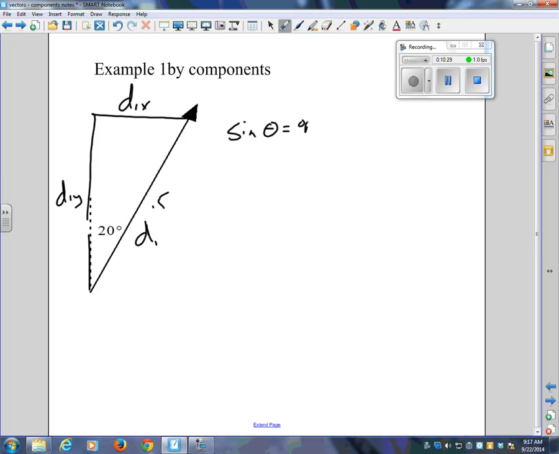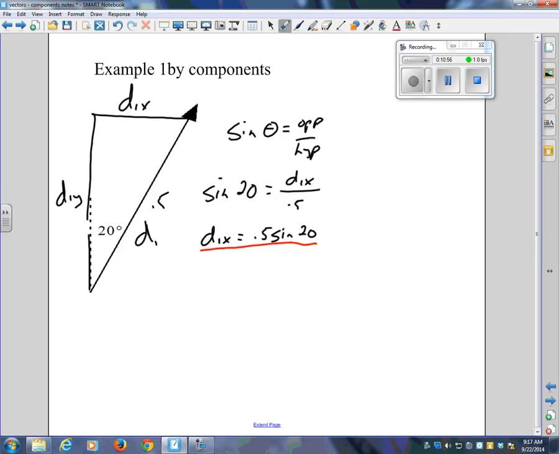So let's just write it out in full. If you want to skip this step, be my guest. Sine theta equals opposite over hypotenuse. So in this case here, sine of 20 is equal to the opposite, d1x, all over the hypotenuse of 0.5. I'm going to write it as d1x is equal to 0.5 sine 20. I would like to see you be able to start your solution with that.